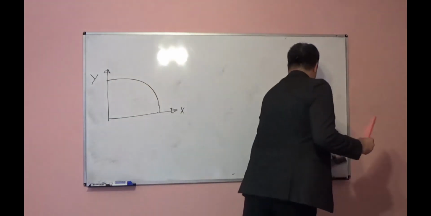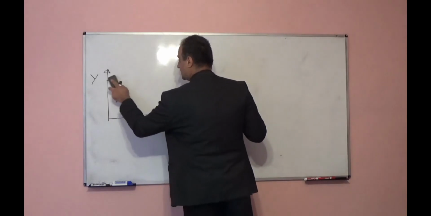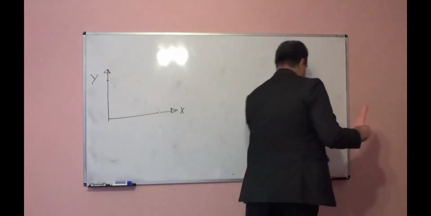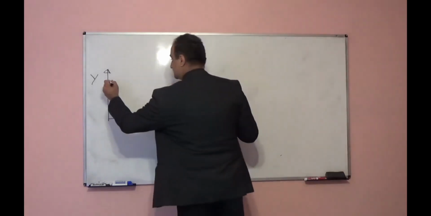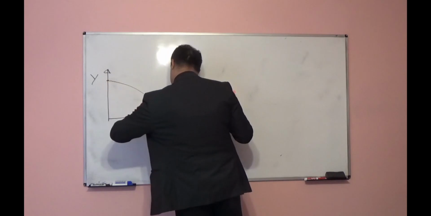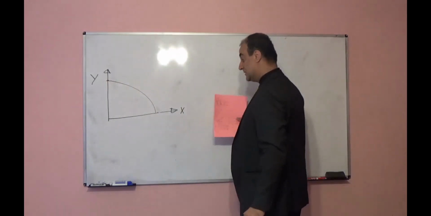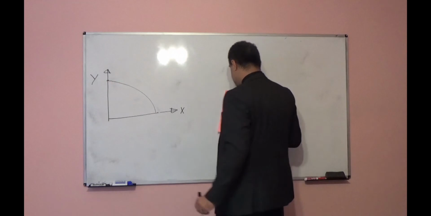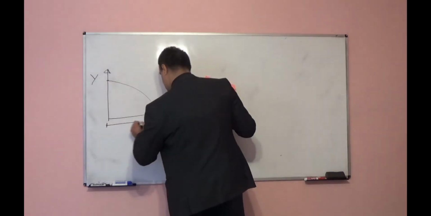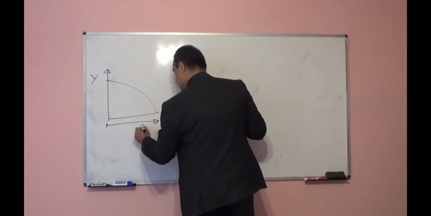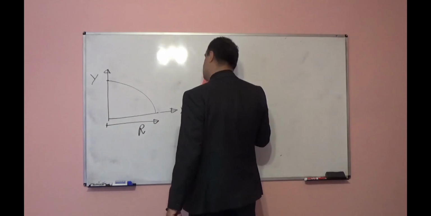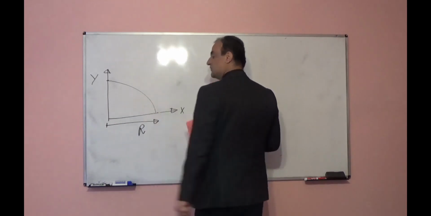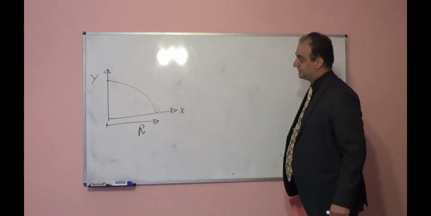Of course, I'll make it a little bit better. Okay. The total radius is r. I want to find the centroid for this quarter of a circle.